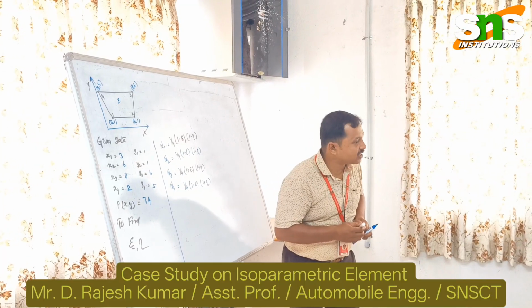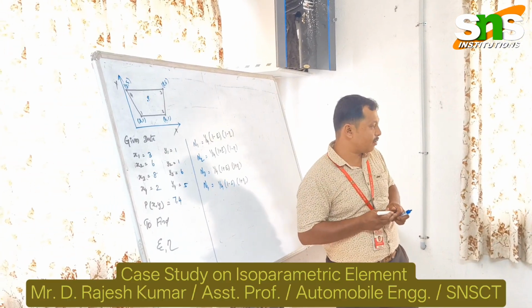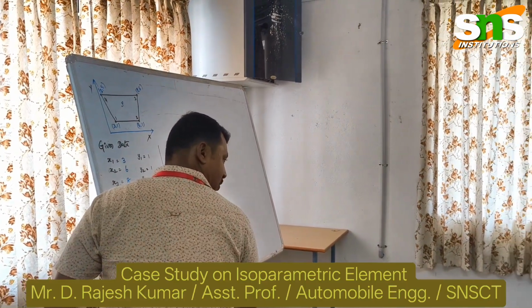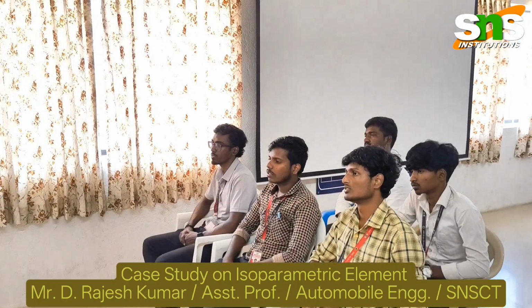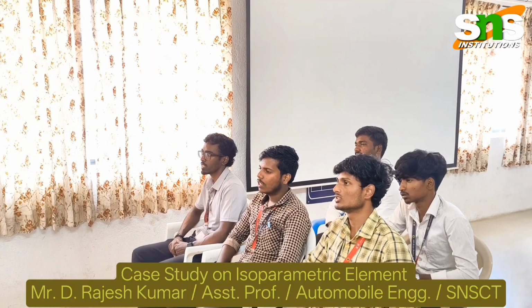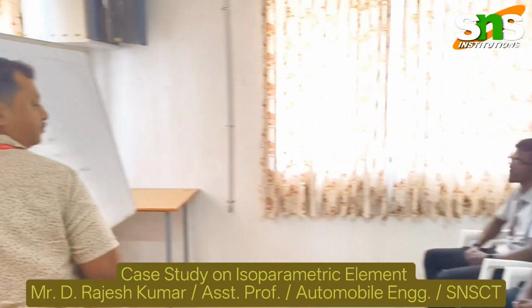And for the Cartesian coordinates x and y, there is a standard formula. To find x, it is n1 x1 plus n2 x2 plus n3 x3 plus n4 x4. Clear?